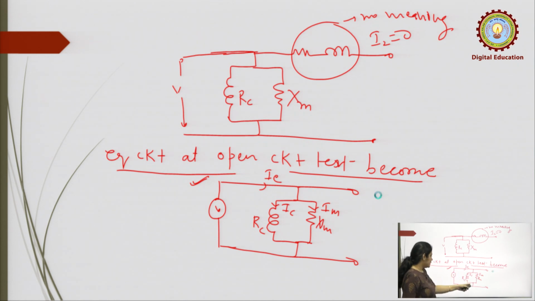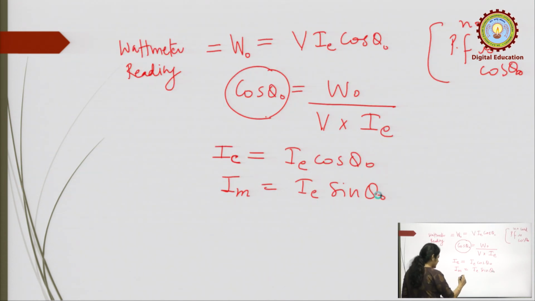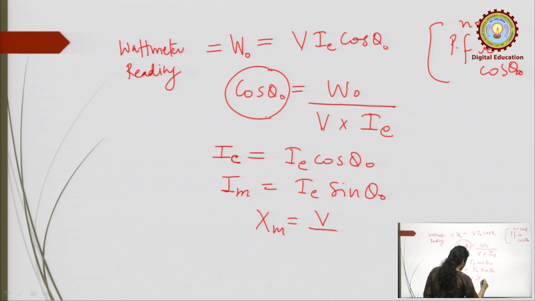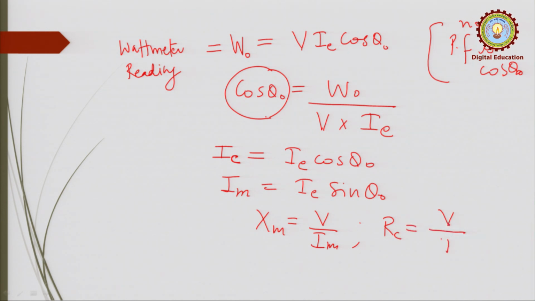So Xm is equal to V by Im, and Rc is equal to V by Ic.